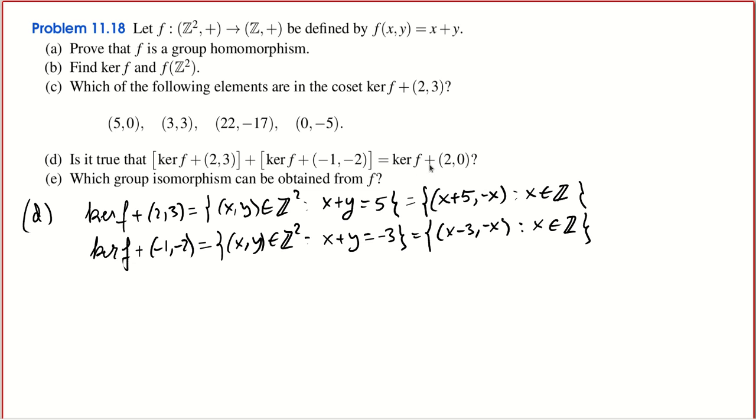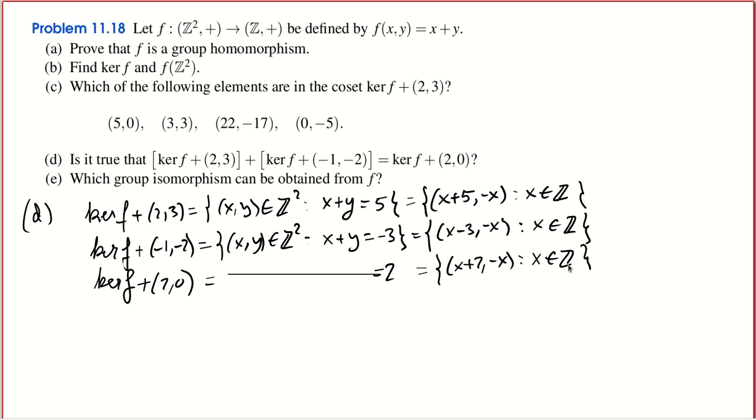And finally, this one here, kernel of f plus (2, 0), is the same story, where here you have 2, which is the sum of these two, and those are the integers of the form (x + 2, -x), where x is an integer.